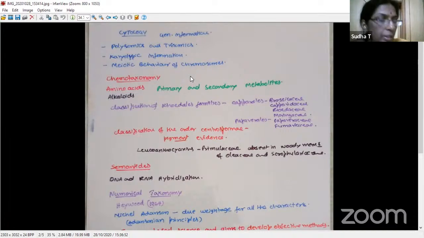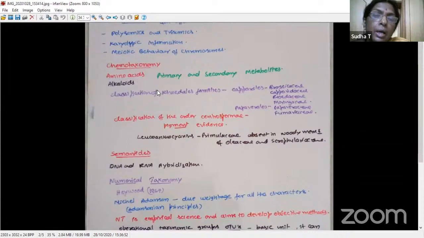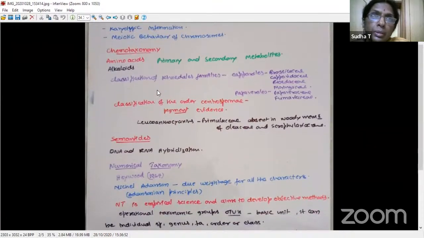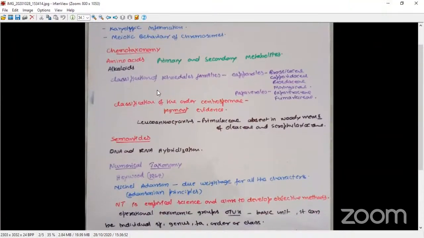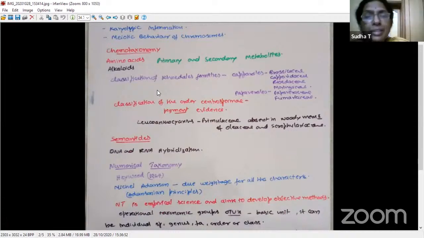And the next thing, as I told you, chemotaxonomy, is another interesting thing. From the 1990s onwards, up to 2000 or even 10 years back, chemotaxonomy was one of the important pieces of information taxonomy used to establish phylogenetic relationships more often.